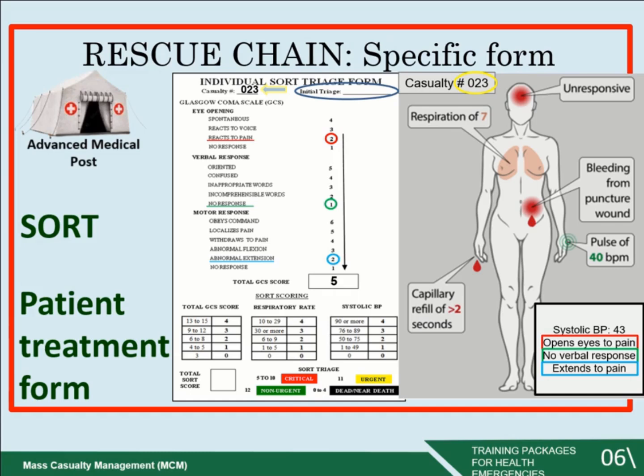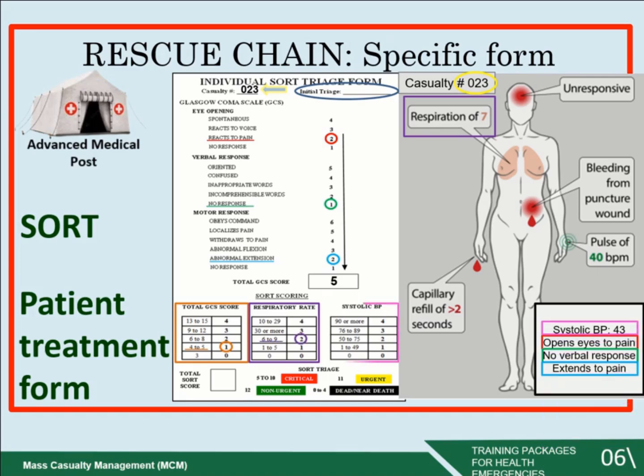Having the GCS now will help us compute for the SORT scoring. Referring to this total GCS score table, a total GCS of 5 will fall under the 4 to 5 category, which has a numerical value of 1. Next table is the respiratory rate or the RR. Our patient has an RR of 7, so that falls under 6 to 9, which has a numerical value of 2.